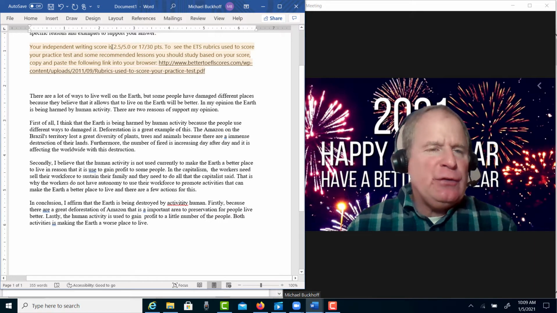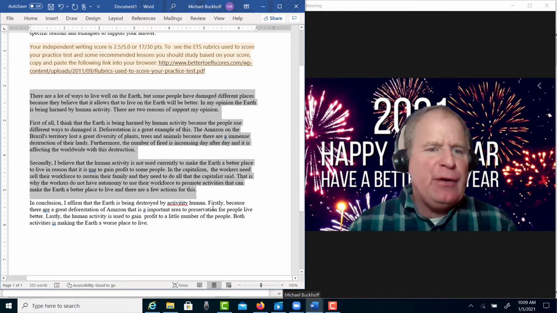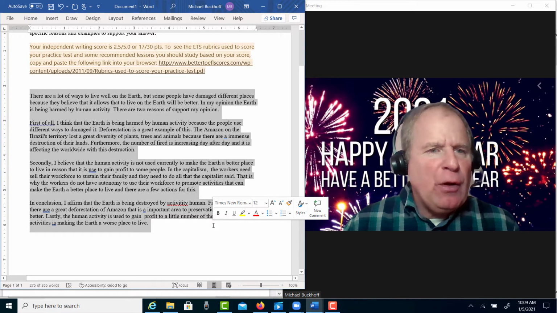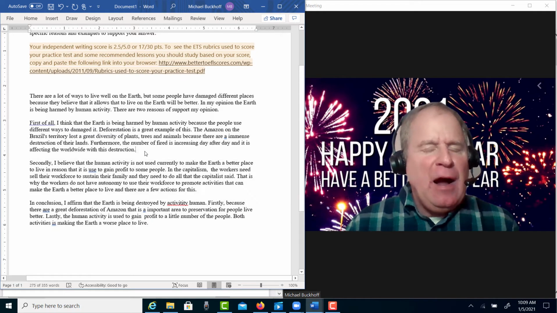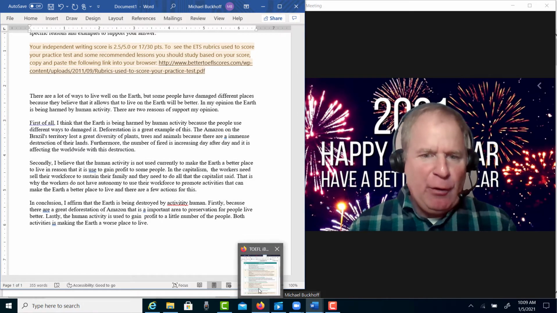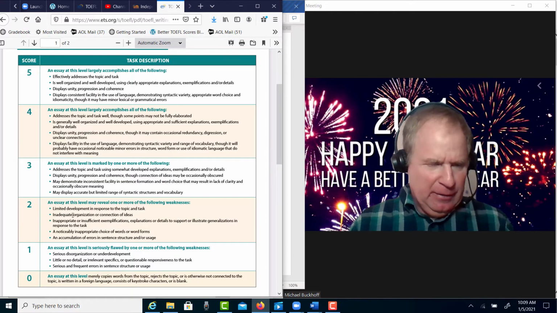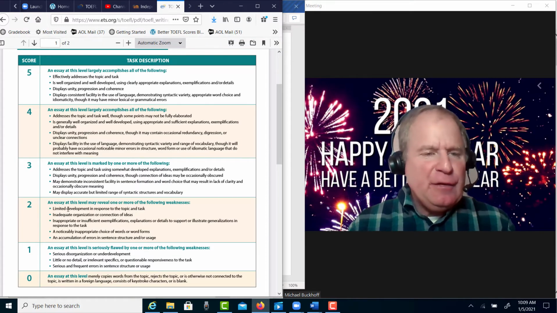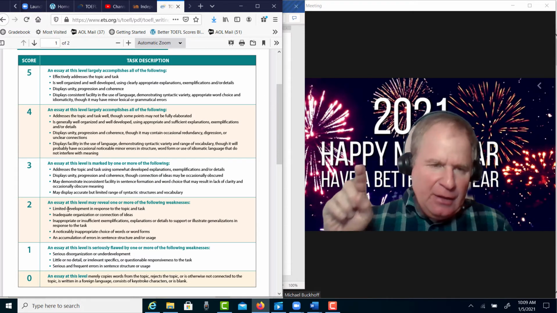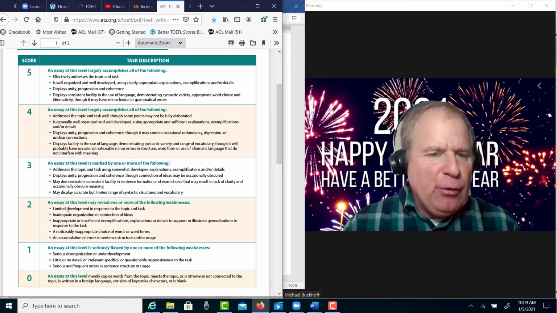I'm going to score you at 2.5 out of 5, 17 points out of 30. So we have 275 words. It's just not developed and organized enough. So if we go back to the rubrics, 2: limited development in response to the topic and task. Yes. Inadequate organization or connection of ideas.